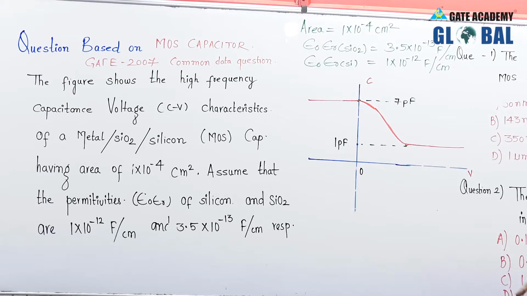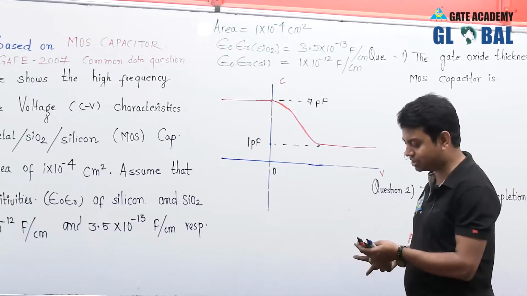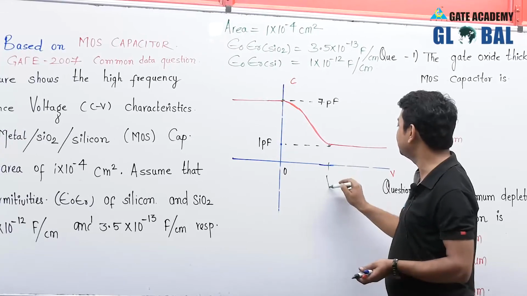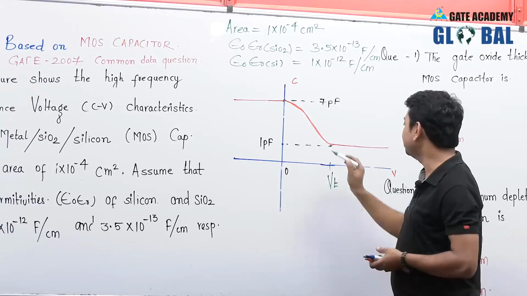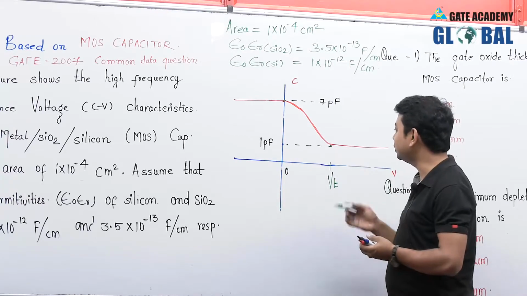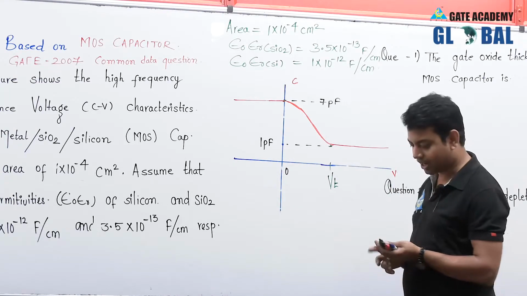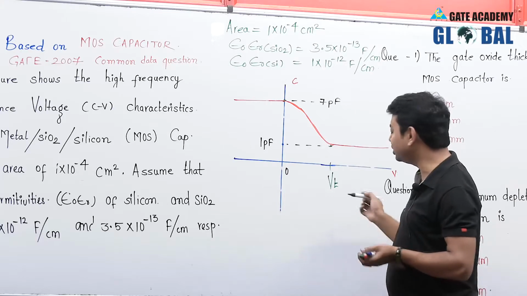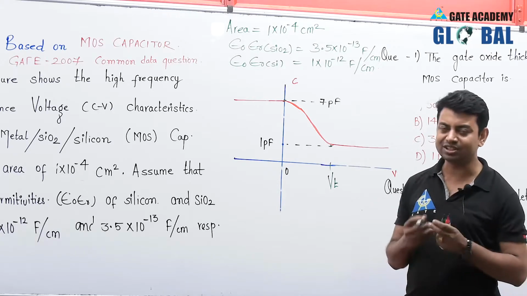This is for high frequency, because above this threshold voltage, which is called VT, the characteristic does not vary and stays at the lowest possible value. At this voltage, we have the width of the depletion region in the semiconductor.